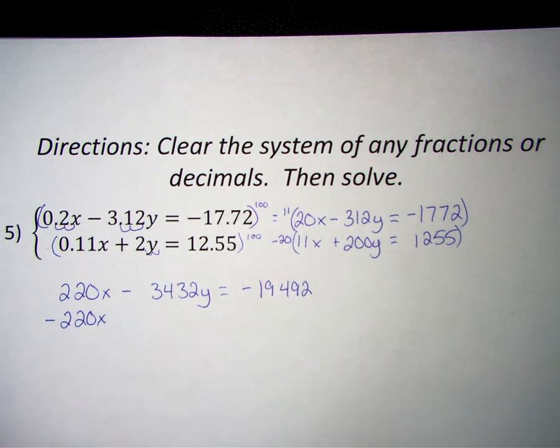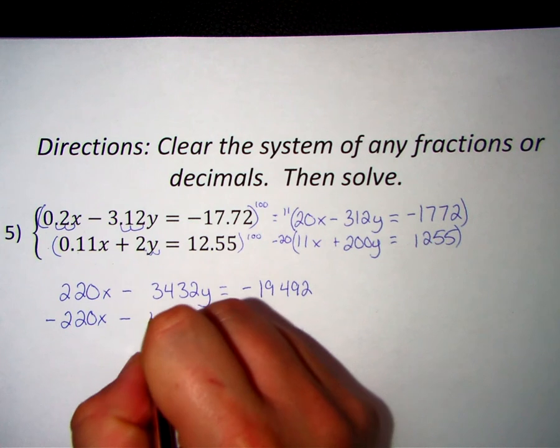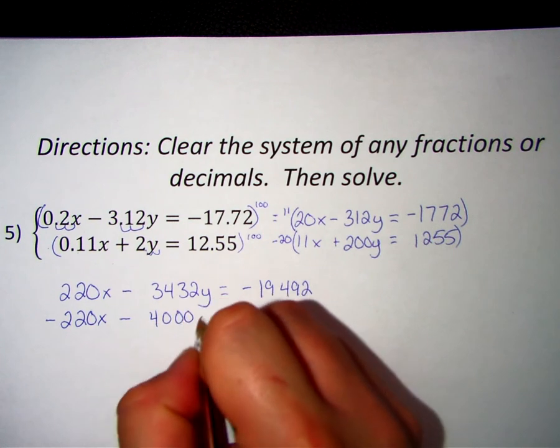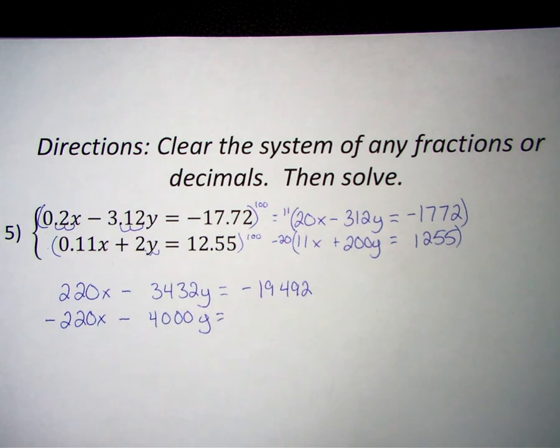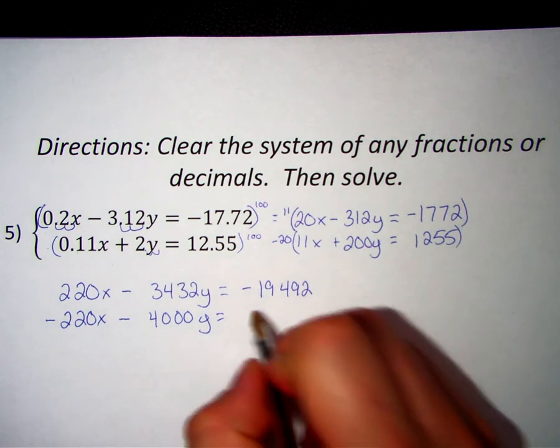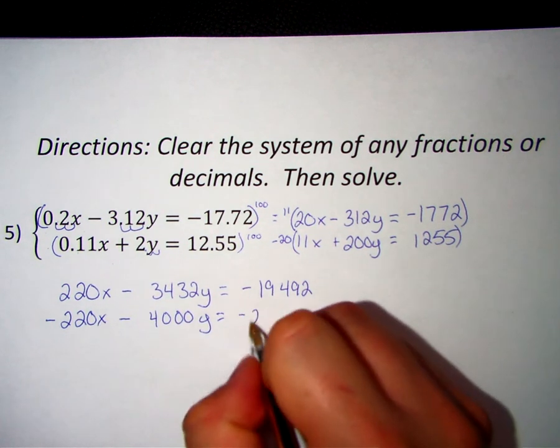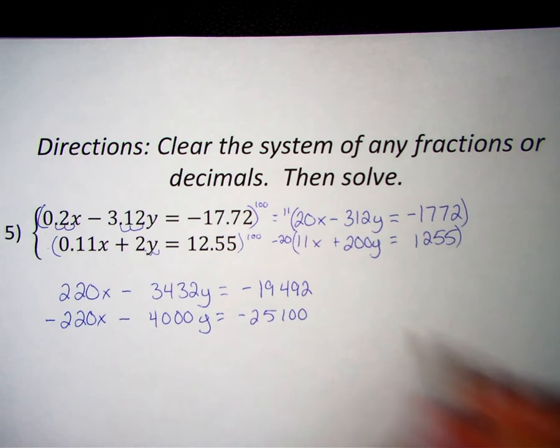So negative 20 times 200 gives me minus 4,000y, which is going to equal negative 20 times 1255, which will equal negative 25,100.